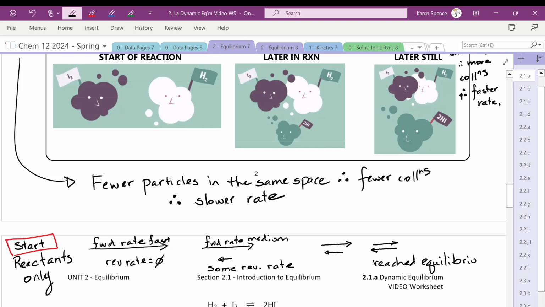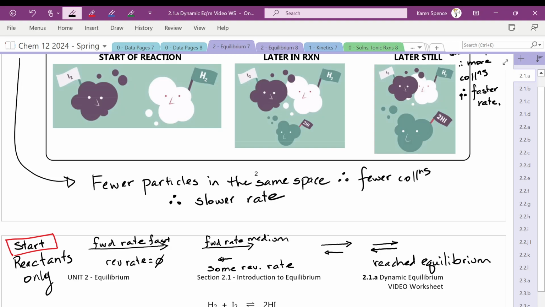And that's all to do with the fact that your concentration of reactants gets smaller and smaller, right? This is if you start with reactants only. Concentration of reactants gets smaller and smaller, so forward rate gets smaller and smaller. Concentration of products gets bigger and bigger, so the reverse rate gets bigger and bigger.